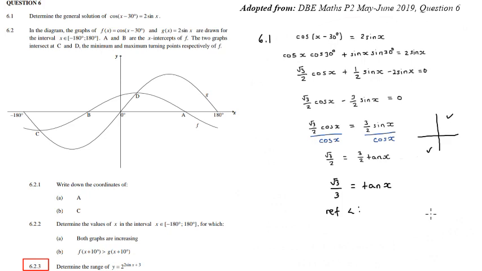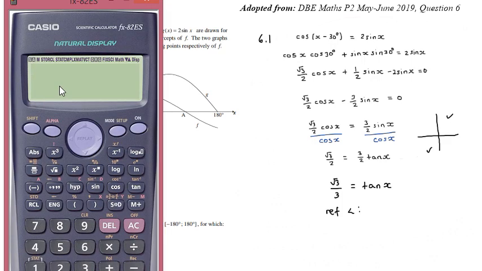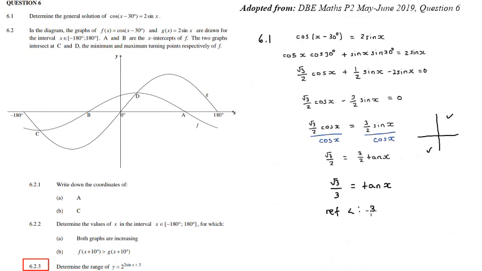I'm going to do this directly in the calculator: shift tan of root 3/3, and that gives us 30 degrees. So that's a reference angle of 30 degrees.